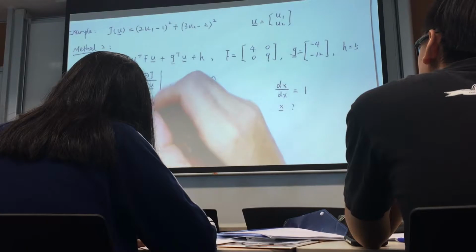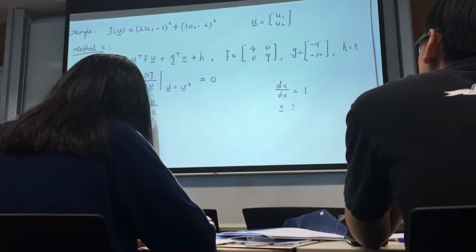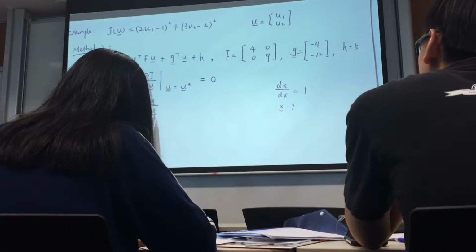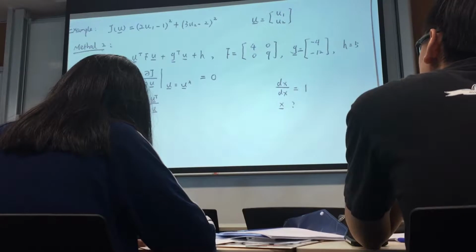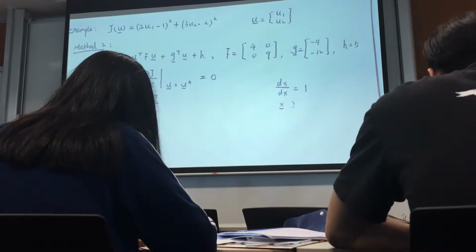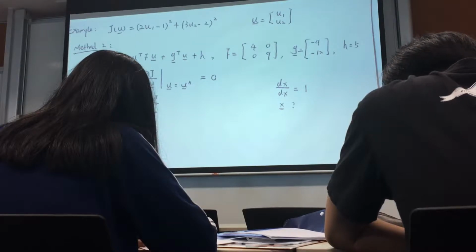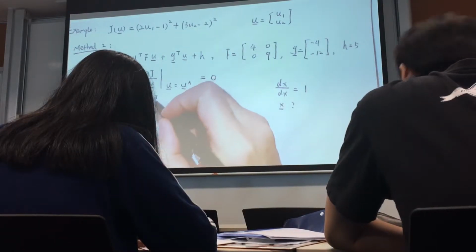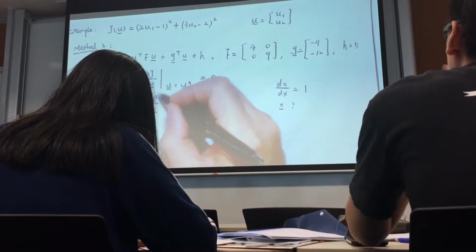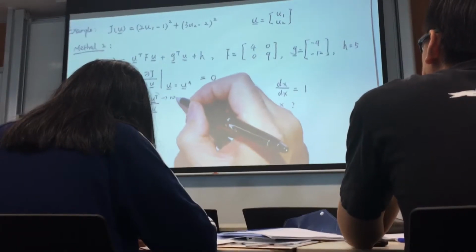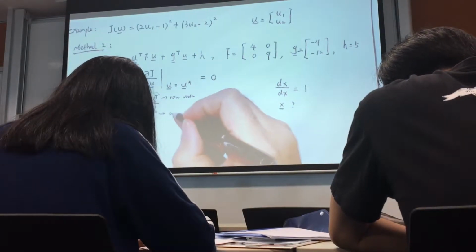Here we cannot define a derivative of a vector in terms of a vector, so this is not defined. Instead, we need to use a transpose. If u is a vector, then u transpose will be a row vector, and this one is defined to be a column vector.